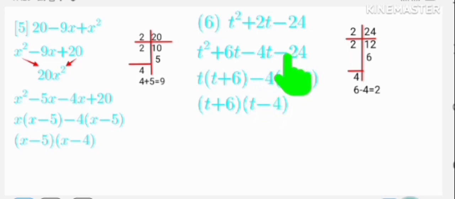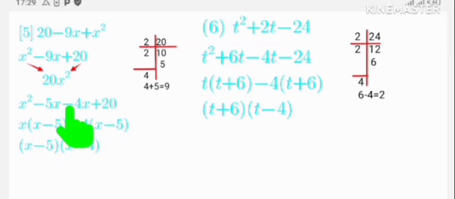So you can see here that we are not following the same technique or process that we followed here, because one sign is negative, the sign in front of the smaller number is negative, while the sign in front of the bigger number is positive. That's why we need to bring out this negative sign, put it out here, and then this positive sign will turn to negative, just as you can see.